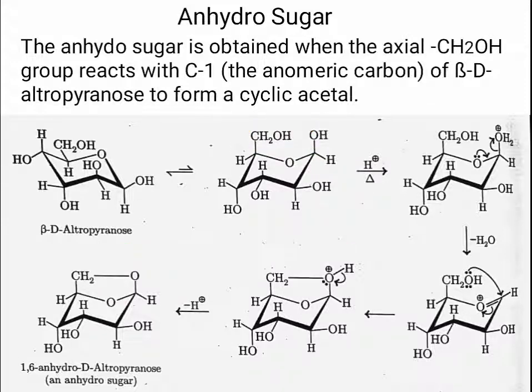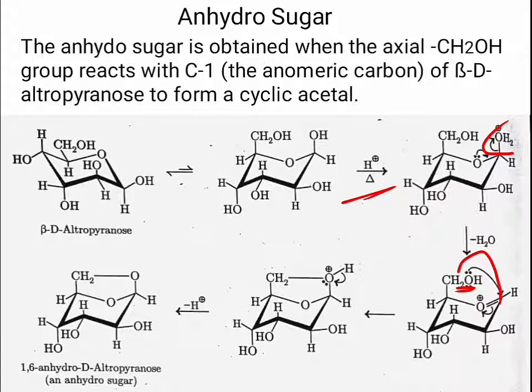So now you are giving some acid, this oxygen will give its electron here and this OH will leave, that means OH2+. So the deprotonation will occur, and now this OH will give its electron pair here.